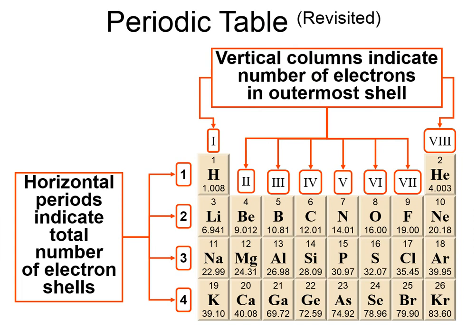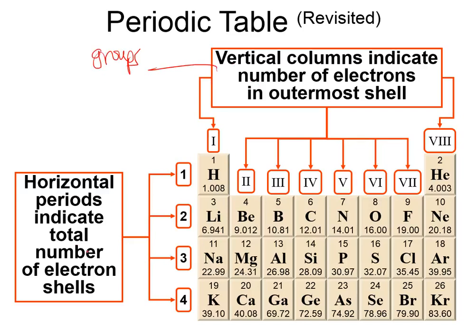So here we are revisiting the periodic table. They are just trying to talk about what I already said, that the vertical columns are known as groups. So these are groups.